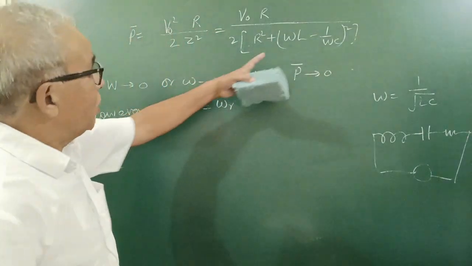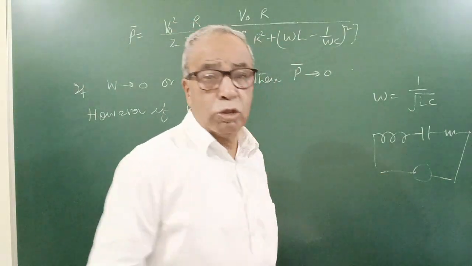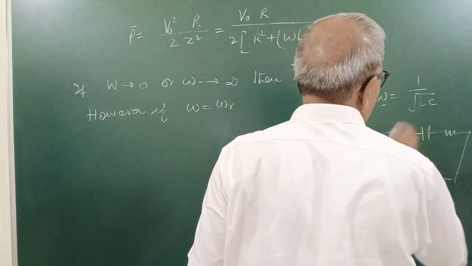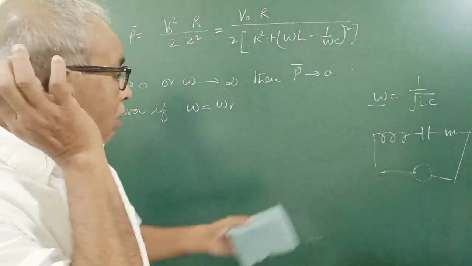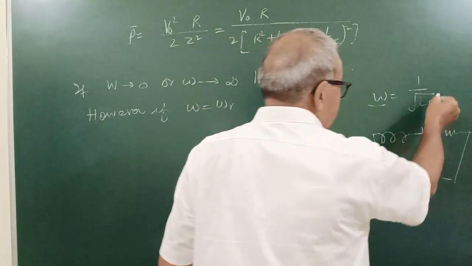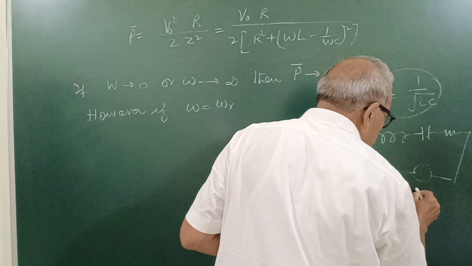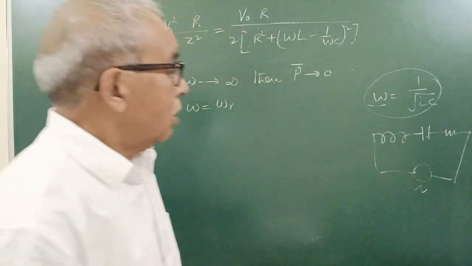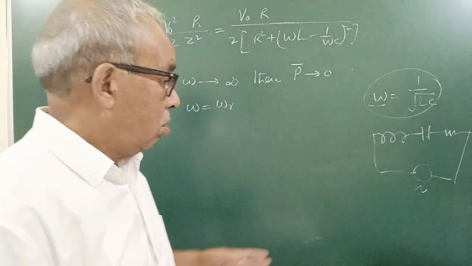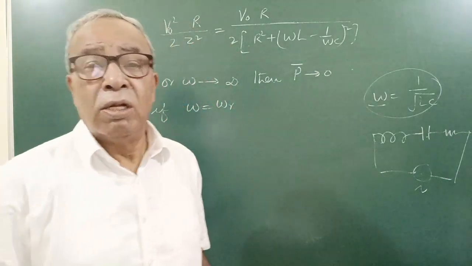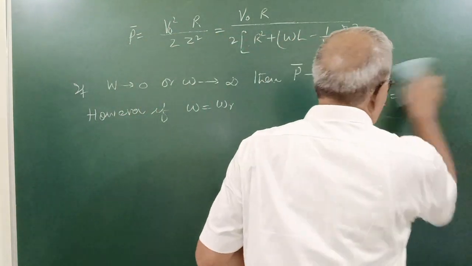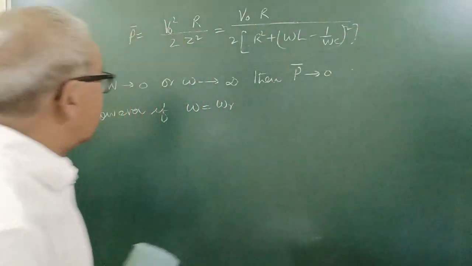So in this expression, omega is the frequency of the source, and omega r is the frequency of the electron which depends on L and C. If this frequency does not match with the source frequency, then the electron oscillates with the frequency of the source, and that is a case of forced vibration. It is very important to understand.